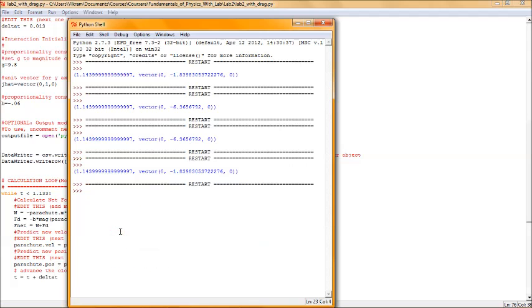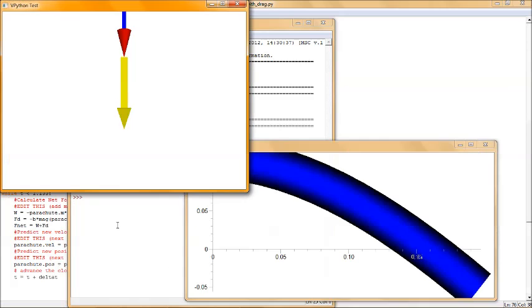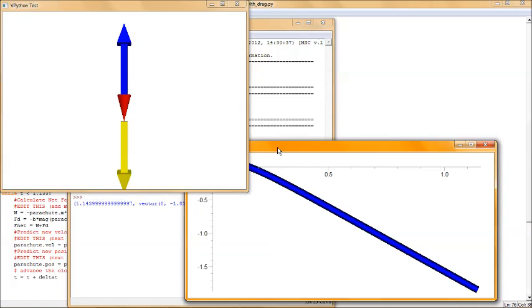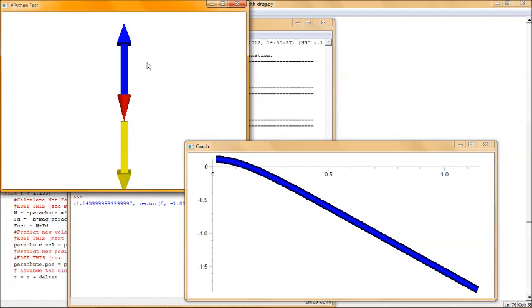When I run this, you can see that my system, the parachute, or the red cone, is traveling down the negative y-axis as before. The graph also shows this. And the drag force, indicated by the blue arrow, is in the positive y direction, or up. And as before, the weight force is in the negative y direction, or down.